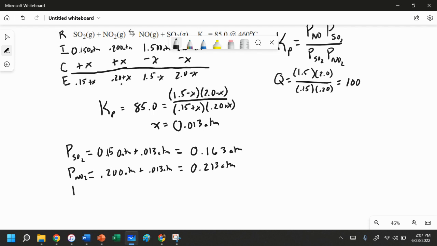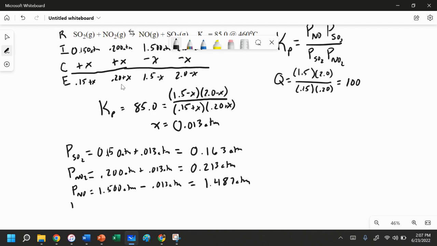When we solve for the equilibrium partial pressure of nitrogen monoxide, that's going to be 1.500 atmospheres minus our X value, so 0.013 atmospheres. And when you solve that, you should get 1.487 atmospheres.